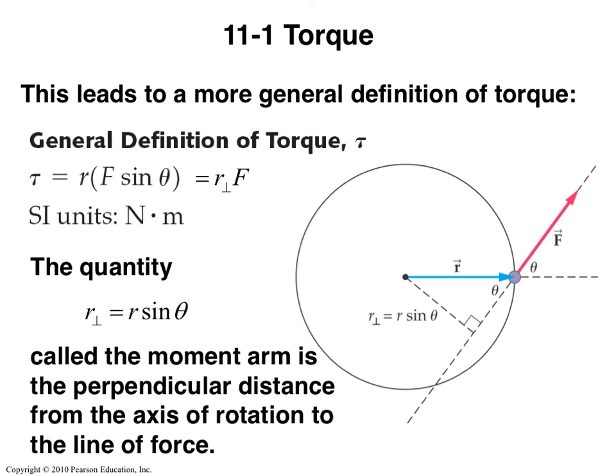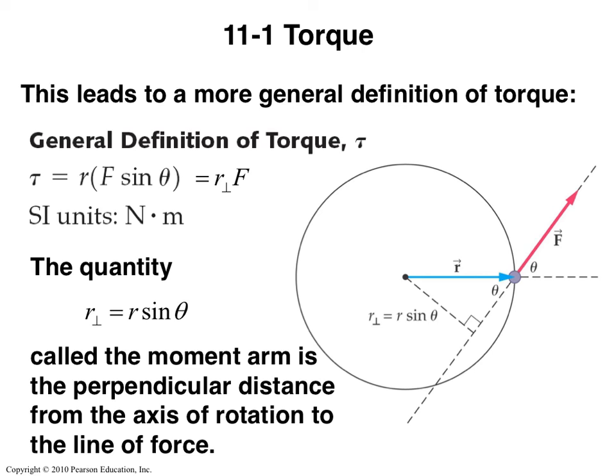The tangential component, if you look at it, is always a sine of the angle between the two vectors. That's generally true. Whenever you have two vectors, the component that is perpendicular to one of the vectors is always going to be sine of that angle. Okay? So you can write the torque as R times the tangential component of the force.